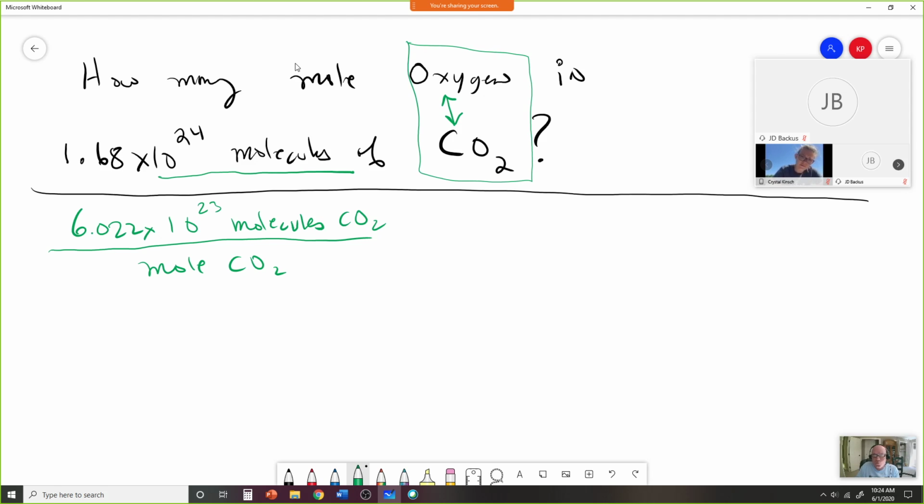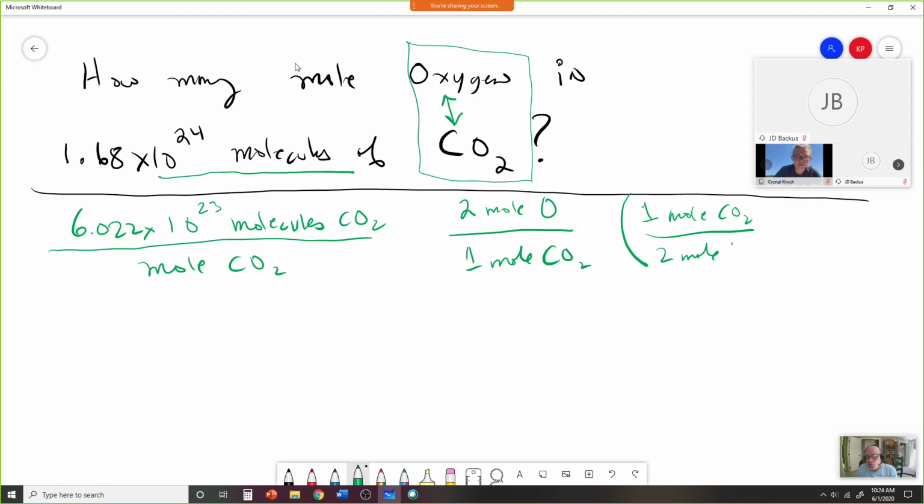And so I would say that we have 2 mole oxygen for every 1 mole CO2. And oh, by the way, if you decided to do this while I'm thinking about it, if you said 1 mole CO2 for every 2 mole oxygen, that is okay.